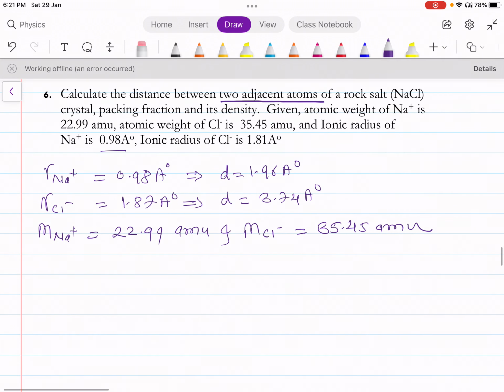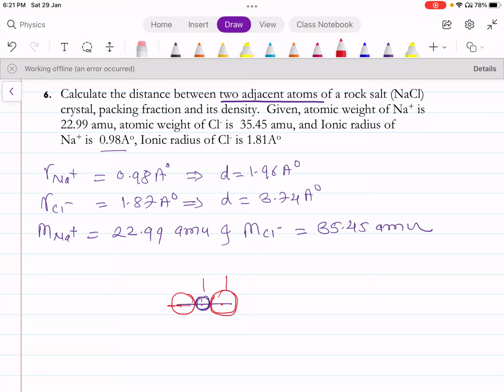Now you know that along the edge, if this is the sodium, then this is chlorine over here, and this is the chlorine over here. So along the edge, they are in contact with each other.